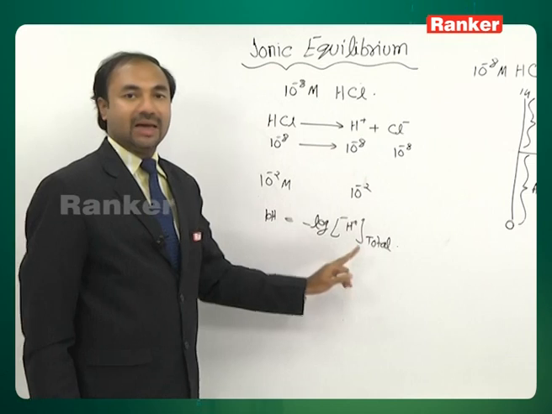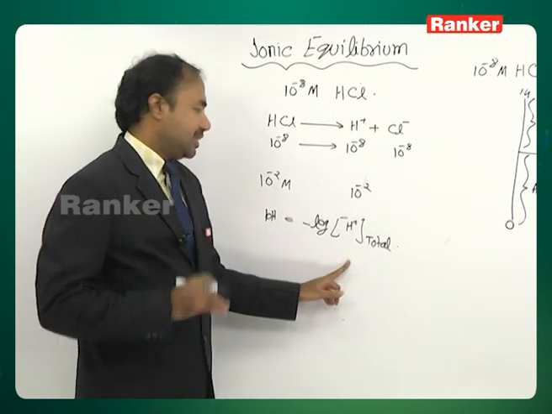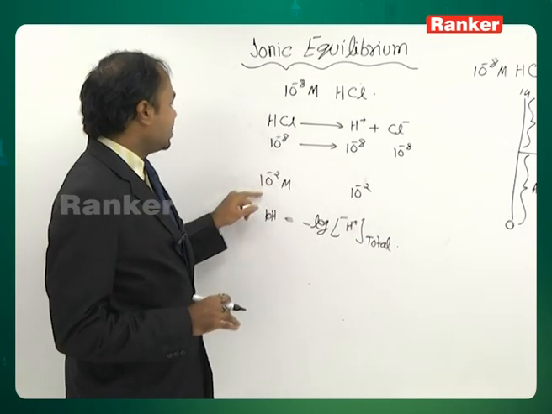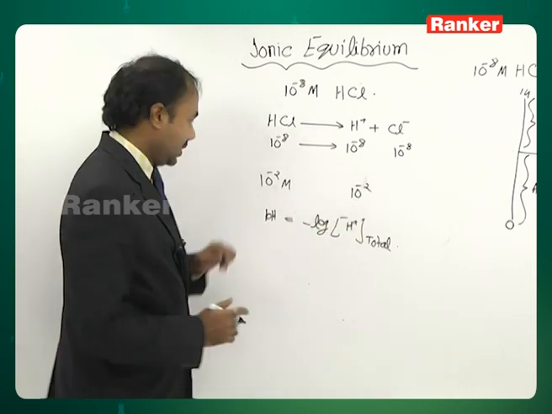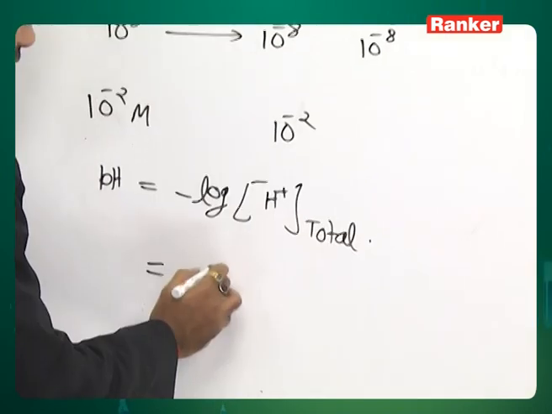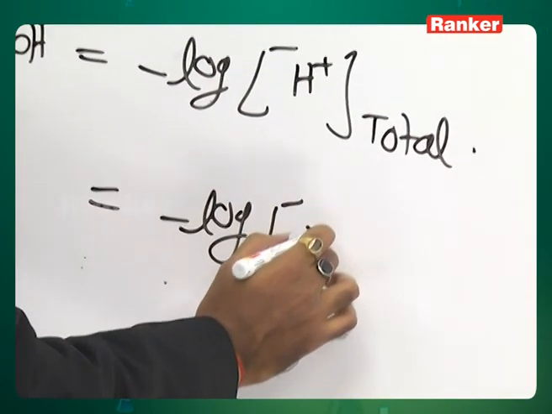This was the formula I had given you in the beginning. In the case of concentrated solutions like 10 to the minus 2 molar HCl solution, we substituted here minus log of 10 to the power minus 2.